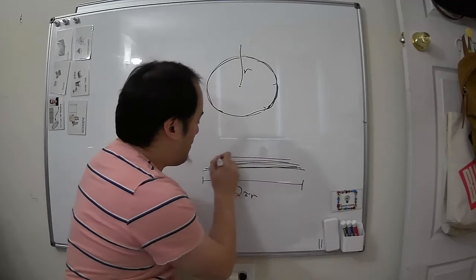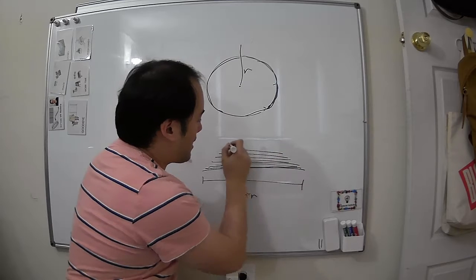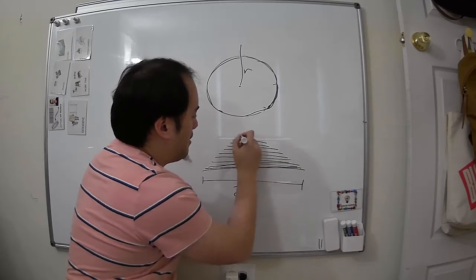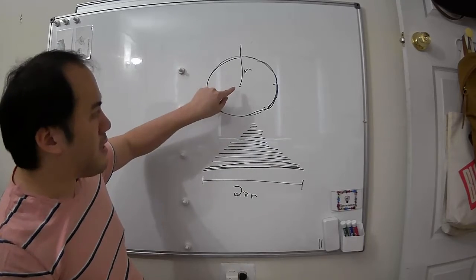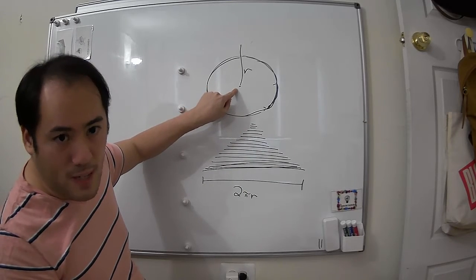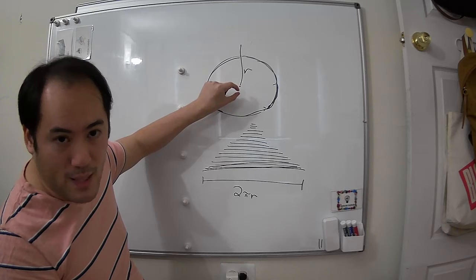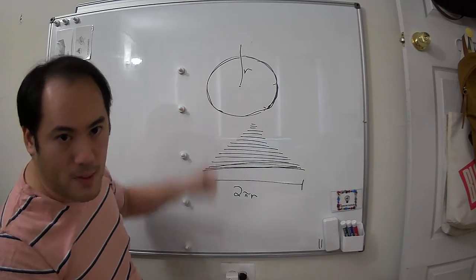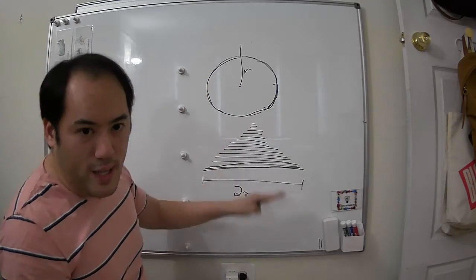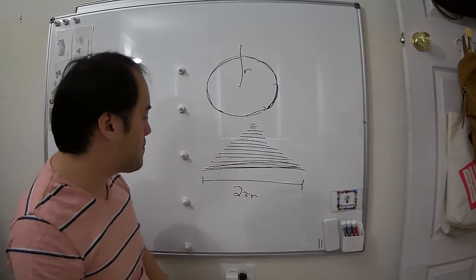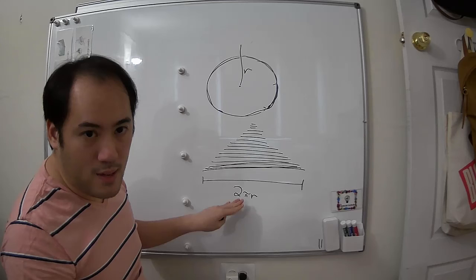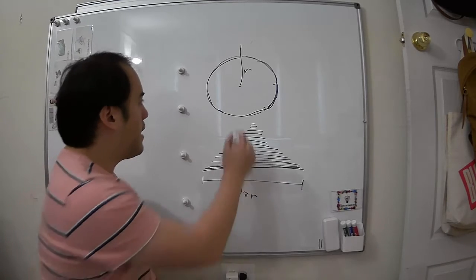So if you stack them all up, you'll eventually get this triangle, this pyramid. What's the length of the smallest piece of paper? Well, it's effectively 0, because as the radius becomes 0, you get basically no paper. So we get this triangle of paper, which is the same as this circle, just rearranged, with base 2 pi r, and height.